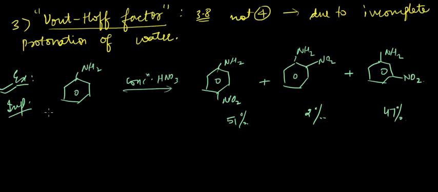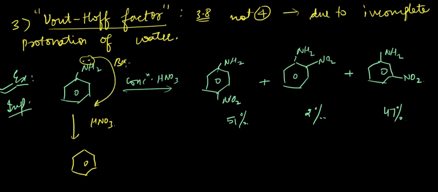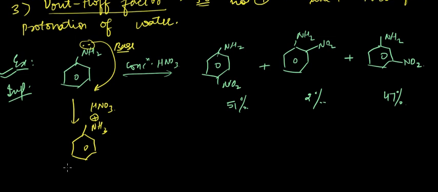So how does it happen? When it comes in contact with the acidic medium, this NH2 acts as a base. As a result we get NH3 plus, which is called the anilinium ion, and this becomes meta directing.